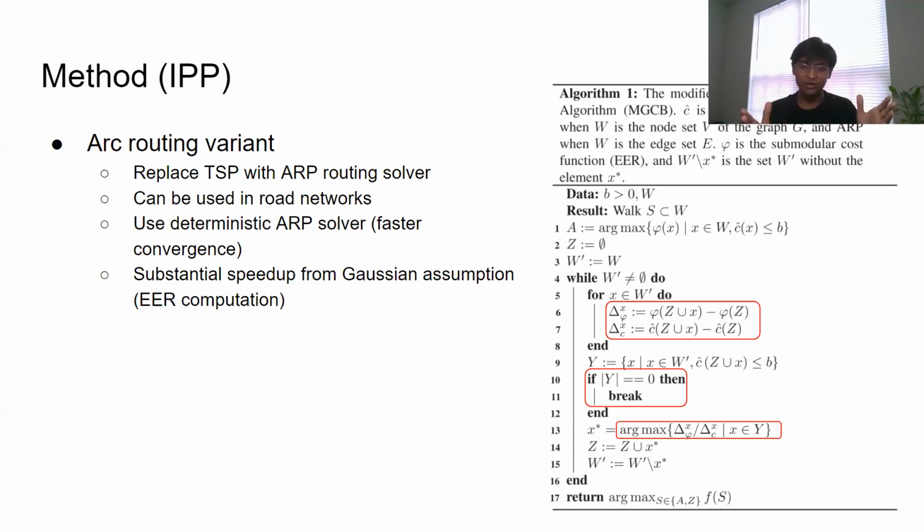The arc routing problem, or ARP variant of the GCB algorithm, can be used to solve our IPP problem in road networks. Additionally, we found that if the routing solver was a deterministic function, the GCB algorithm converged to the solution path well before the end of the algorithm.